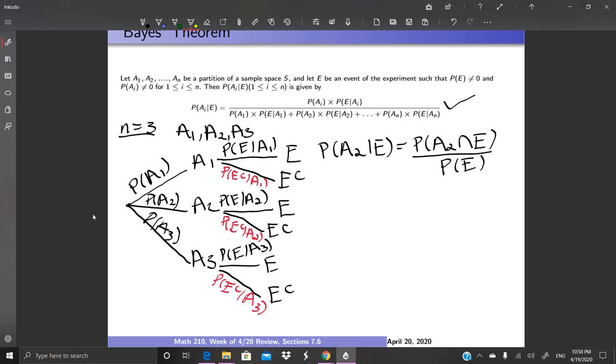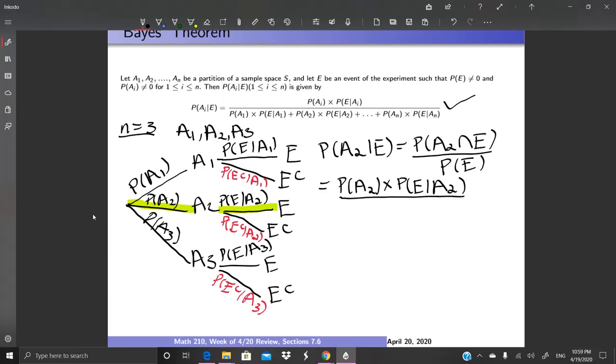And as you go along, you multiply the probabilities. So that's going to be equal to the probability of A2 times the probability of E given A2. And you can also get this from the multiplication rule. But the tree diagram is pretty clear. You want A2 and you want E. You go along those branches to reach them.